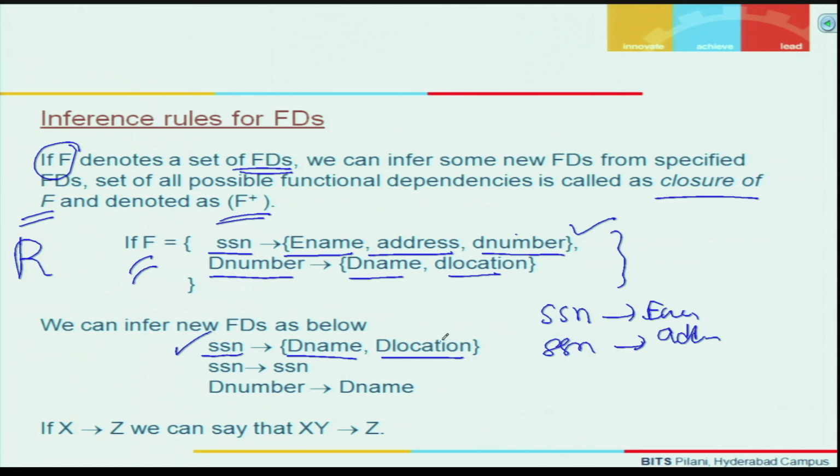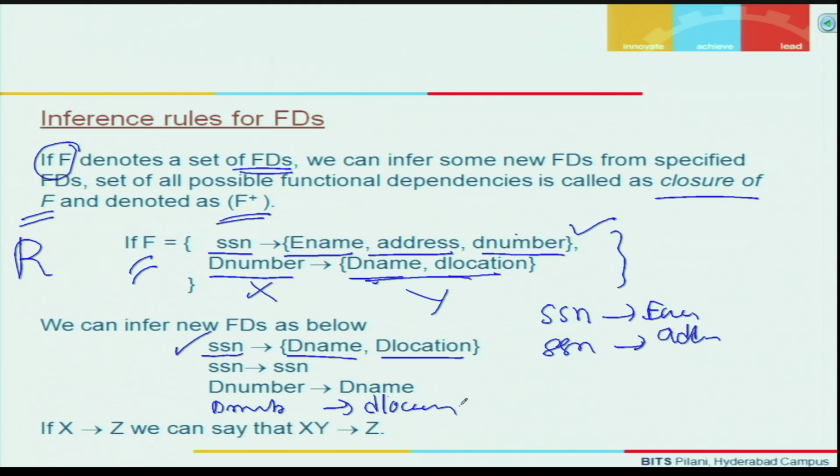Similarly, SSN can determine SSN, which is called a trivial dependency, where an attribute always determines itself. And here, the X component has only one attribute and the Y component has two attributes. Now I can split and decompose it and call it D number determines D name, and similarly D number determines D location.